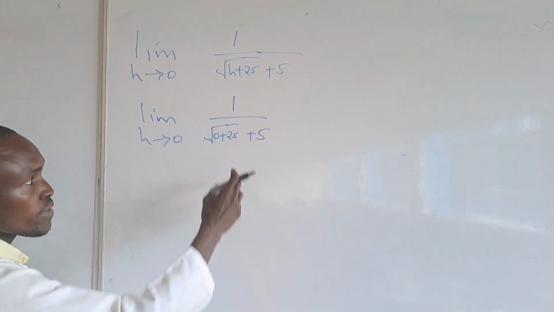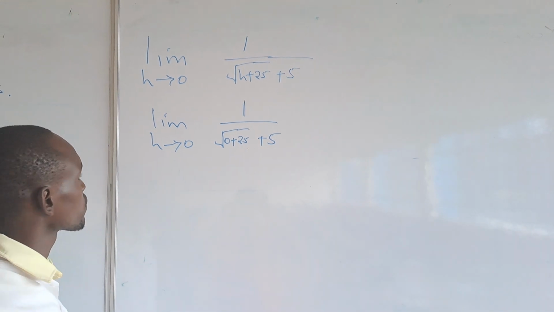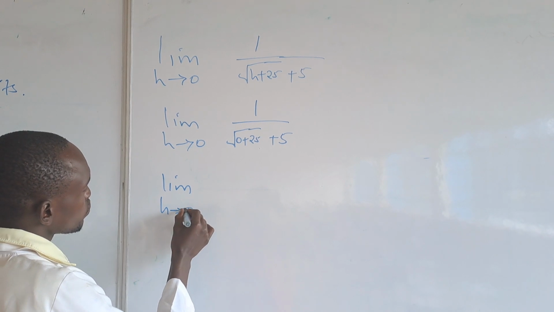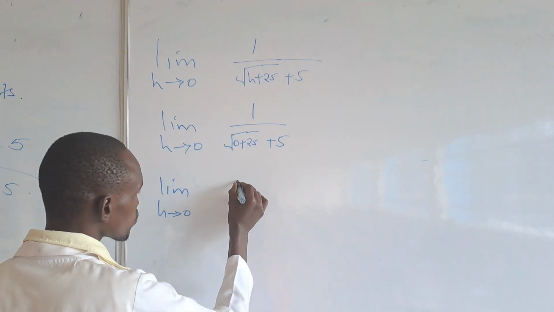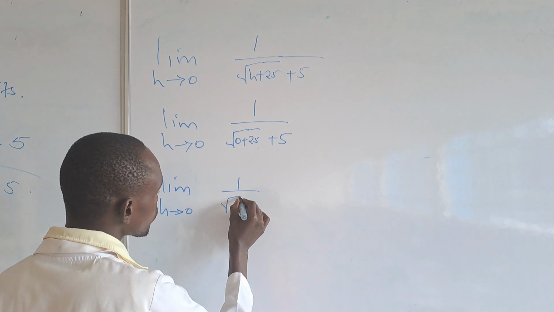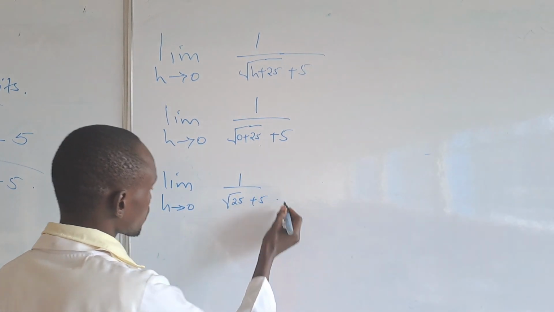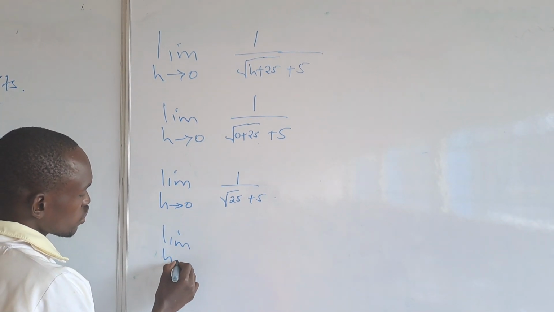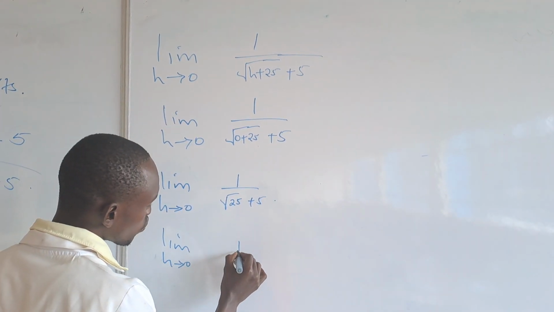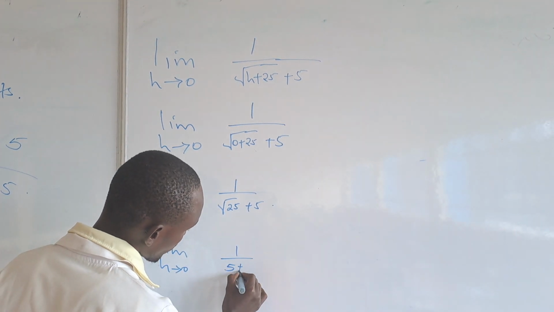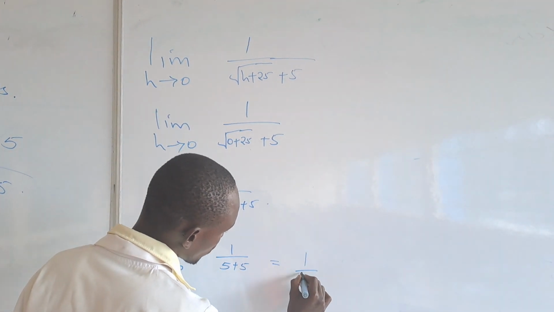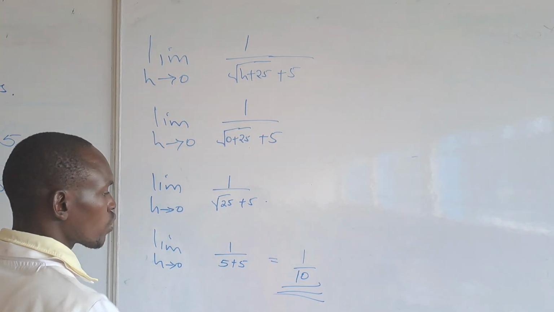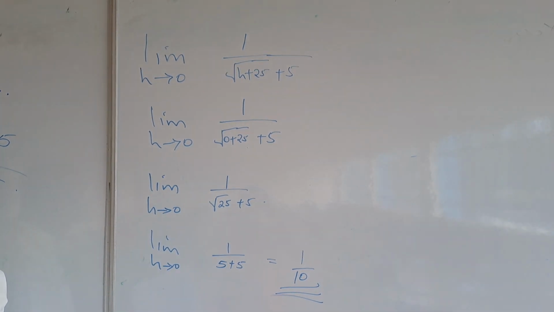And 0 plus 25 is just the same as 25. So we have 1 over square root of 25 plus 5. So this is the same as 1 over 5 plus 5, which is equal to 1 over 10. So our limit for that function becomes 1 over 10, and you will be done.